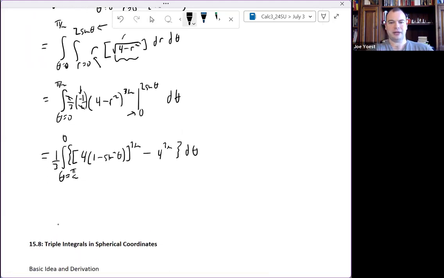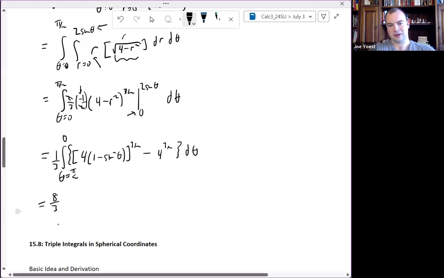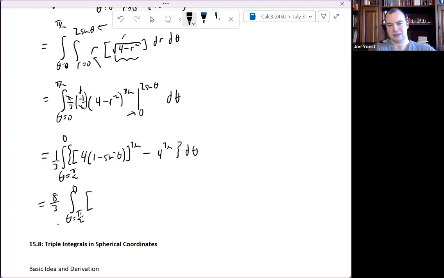I see a 4 to the 3/2 comes out. That's square root of 4 cubed. That's 2 cubed is 8. Comes out of everything. And then what do I have? I have a 1 minus sine squared theta to the 3/2. Well, 1 minus sine squared theta is cos squared theta. Square root of that is cos theta. Cubed is cos cubed theta.